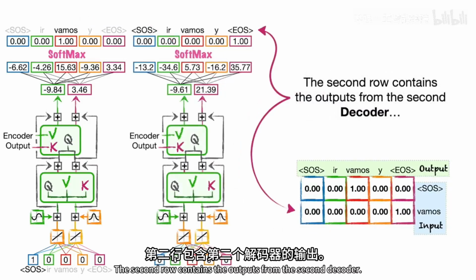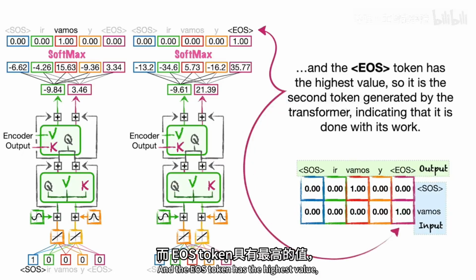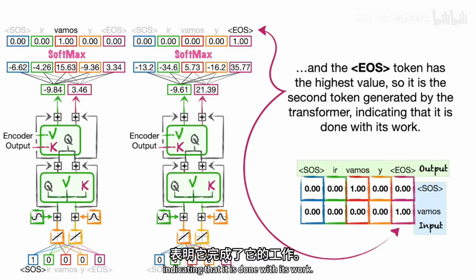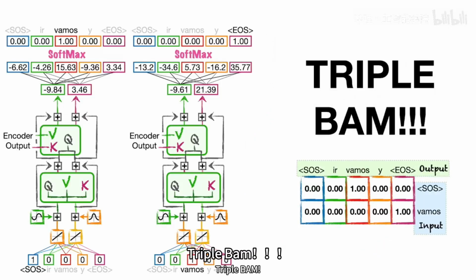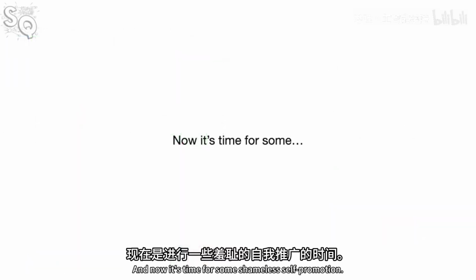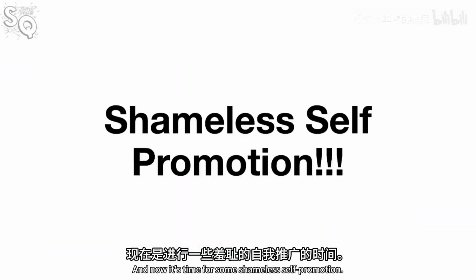The second row contains the outputs from the second decoder, and the EOS token has the highest value, so it is the second token generated by the transformer, indicating that it is done with its work. Triple bam!